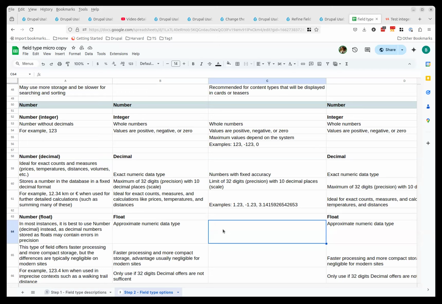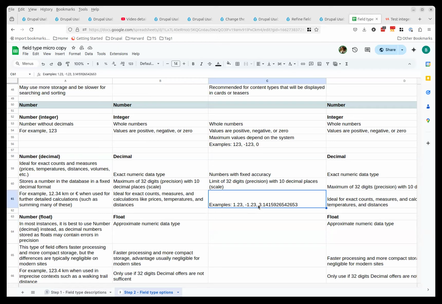I was just going to say that if we want to have examples that help us know the difference between these things, I do like the idea of 3.14 going out to its full precision. In the first one, I would add 0 in that instance, so it's 1.23, comma, minus 1.23, comma, 0, comma, the full precision to 32 digits.